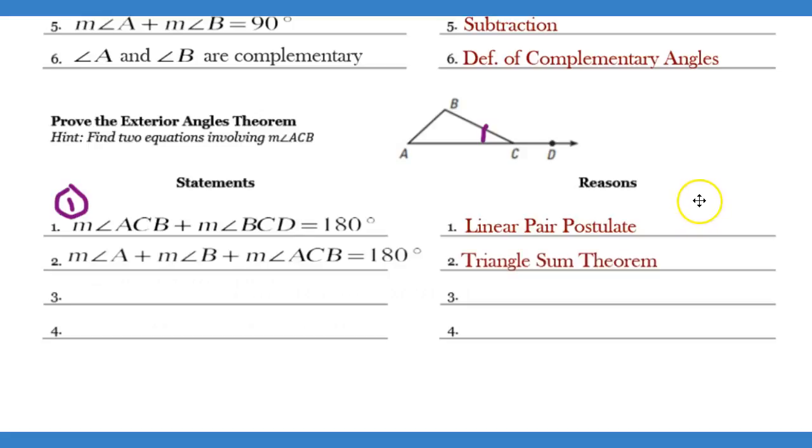Triangle sum theorem. The sum of the interior angles of a triangle are 180 degrees. Okay? So I told you to come up with two equations, and that's equation number 2. So now I've got two equations dealing with ACB.